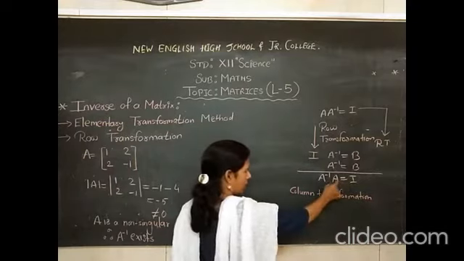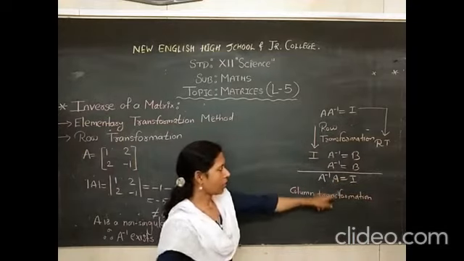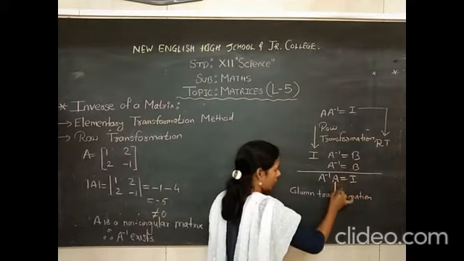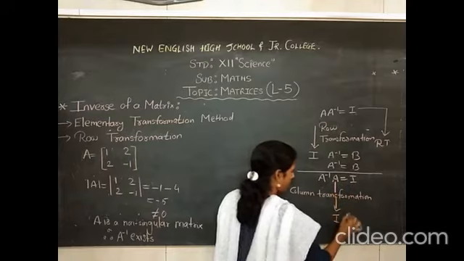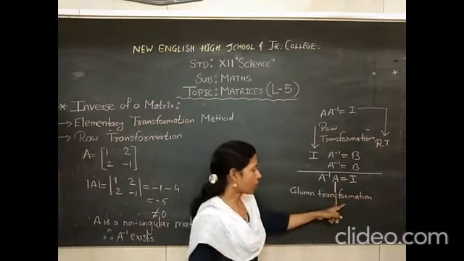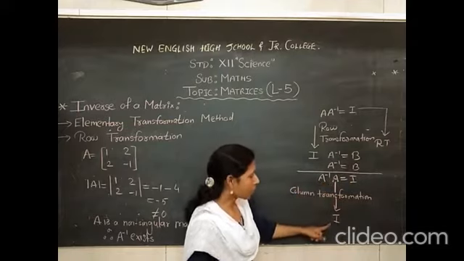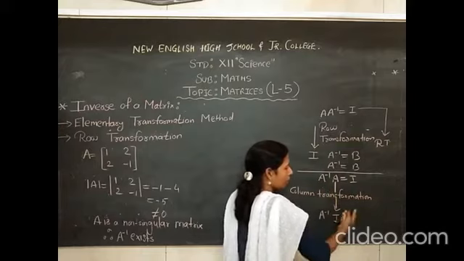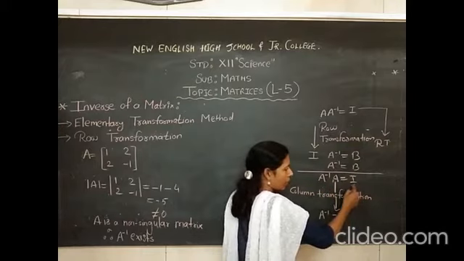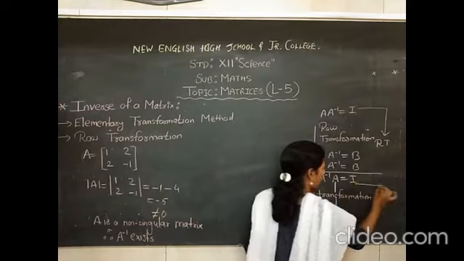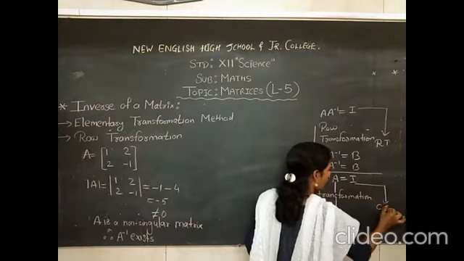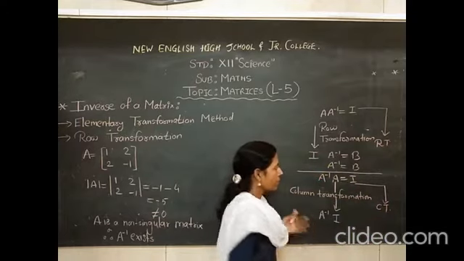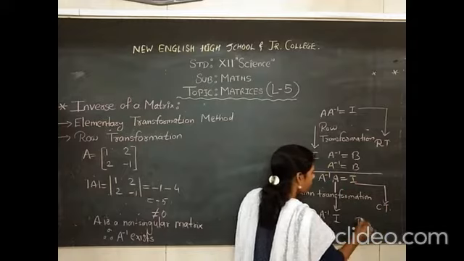Matrix A will get converted into the identity matrix by applying column transformation. This A inverse will remain as it is, and the same column transformation we will apply on the right hand side, that is to I. I am writing CT over here, and this I will get converted into a new matrix, and let me write that new matrix as B.